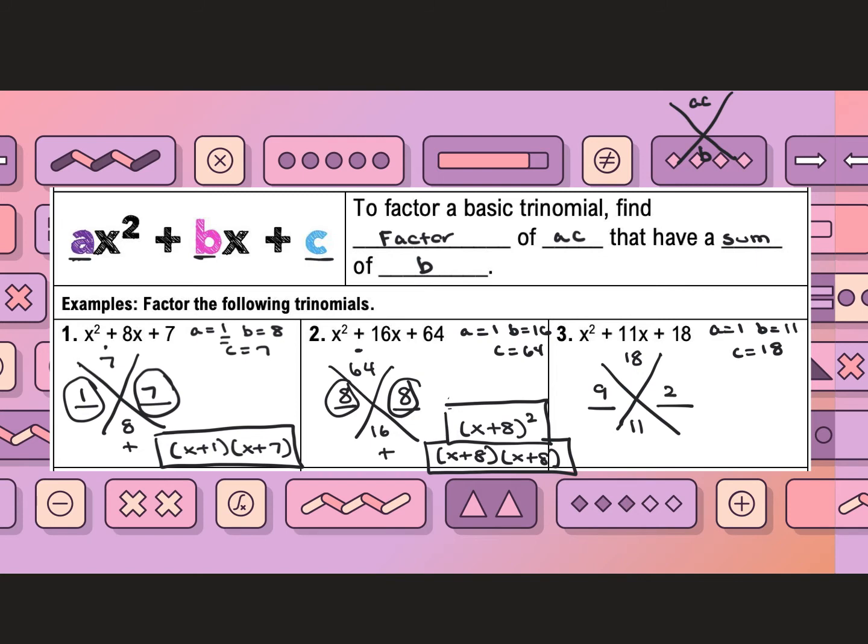And again, you can list those factors out like we did in the previous. All right, so if you didn't remember the factors of 18, you could go through and write the factors of 18 just as we did in the previous examples on the previous slide. All right, so my factors are 9 and 2. So I have x plus 9 times x plus 2.